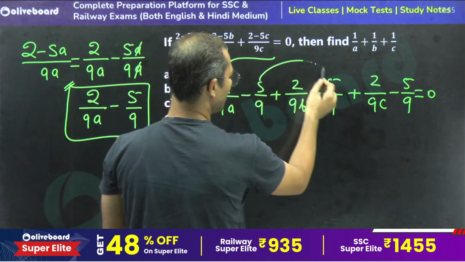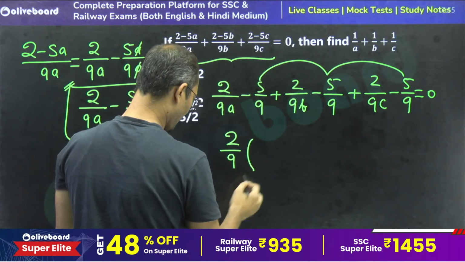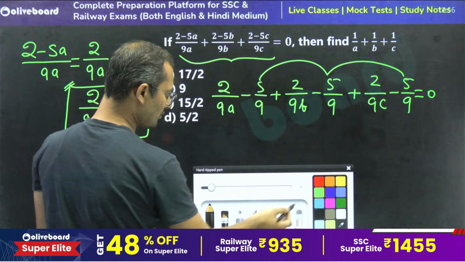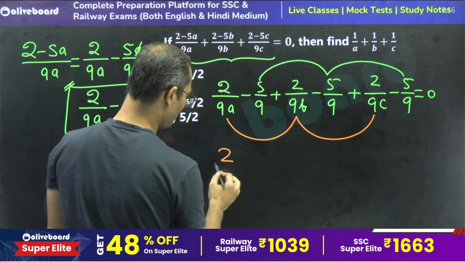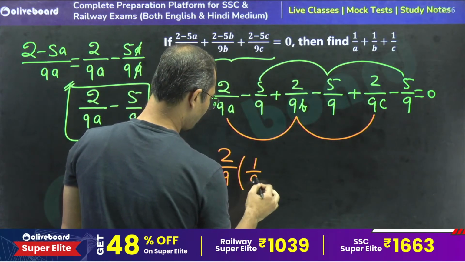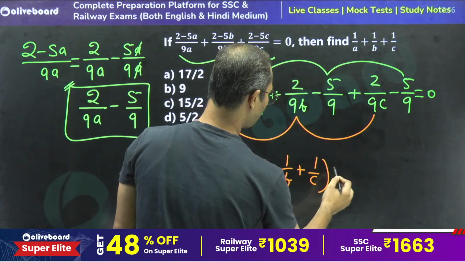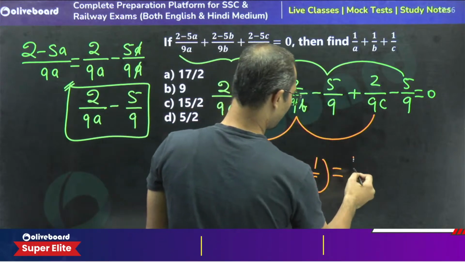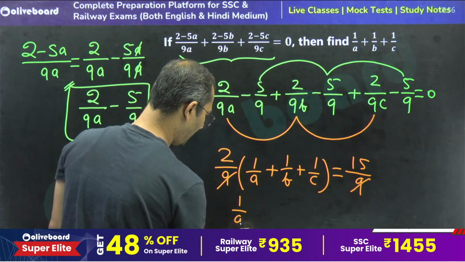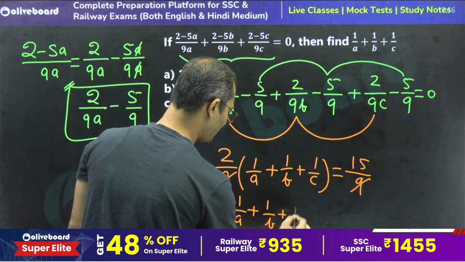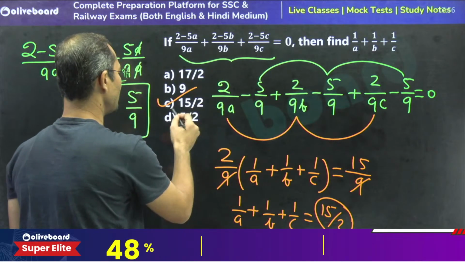Taking the constant part to the right side and taking 2 upon 9 common, we are left with 1 upon a plus 1 upon b plus 1 upon c, which is equal to 15 by 9, so 9 got cancelled. So 1 upon a plus 1 upon b plus 1 upon c is equal to 15 by 2. So C part is the right answer.